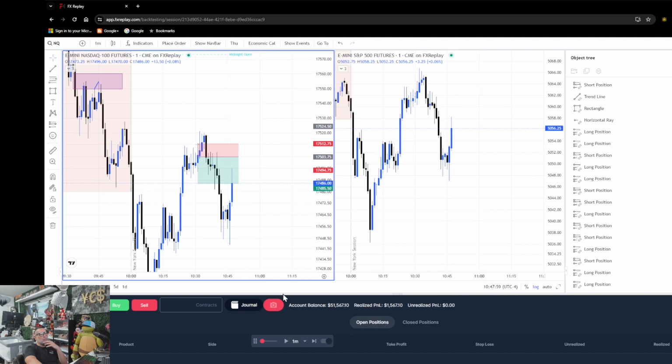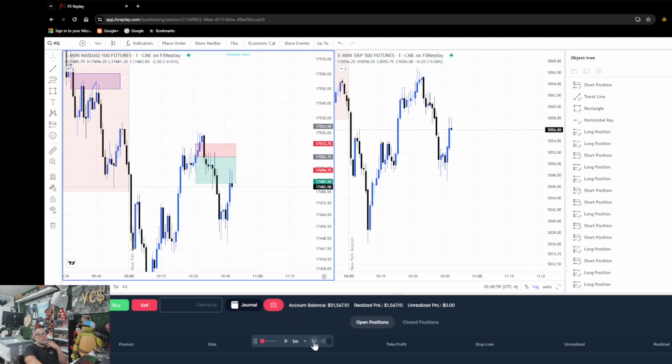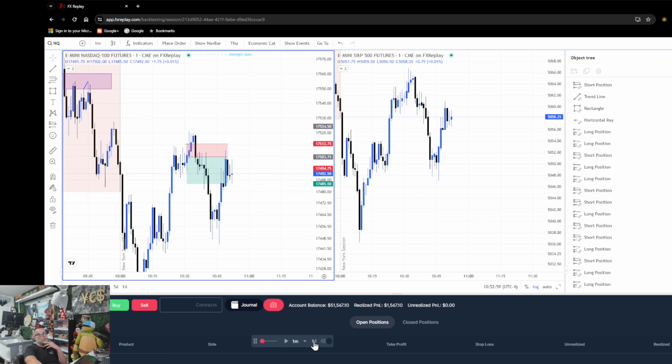Damn, I'm really upset that I missed out on that. Shit. Anyways, let's keep playing price forward. That would have been a full TP.